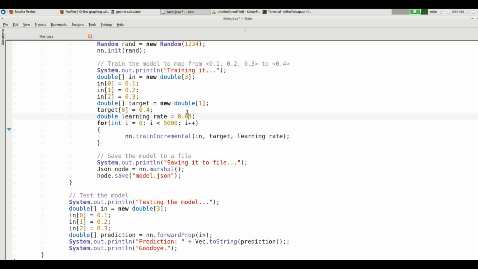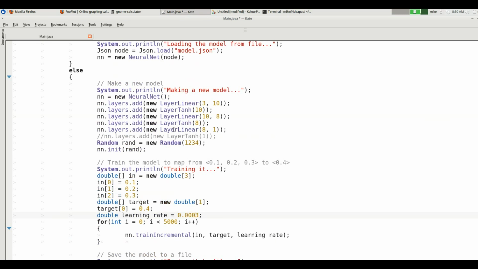If I were using a linear output layer, I'd switch to something like 0.003, something a lot smaller, because these linear output layers tend to kind of explode the gradient in funky ways. But as long as you use a small enough learning rate, that does work. And that also gives your neural network the ability to handle arbitrarily large output values.